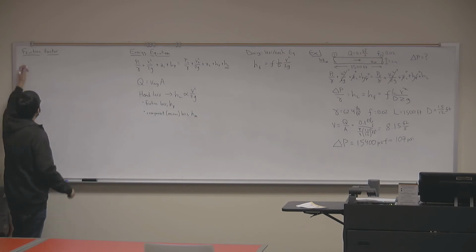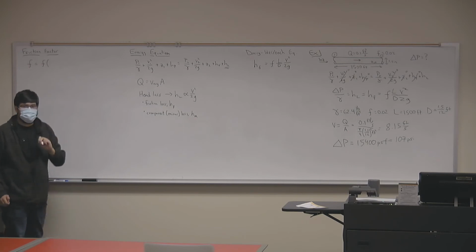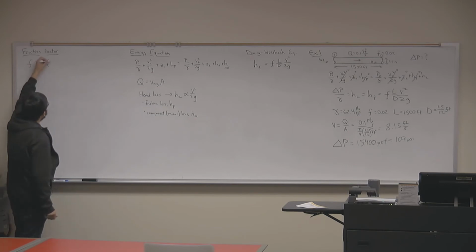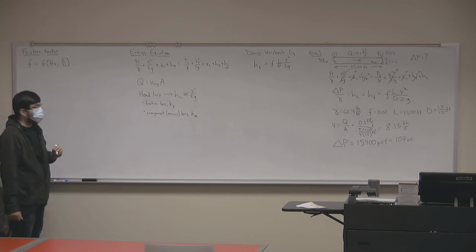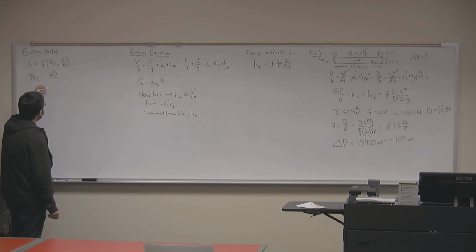So in turbulent flow, this fanning friction factor is actually a function of two things, the flow regime and the pipe. The flow regime is represented by the Reynolds number, and the pipe is represented by a property called relative roughness. This Reynolds number, you may recall, can be found by multiplying the velocity times the characteristic length, which will be diameter for pipes, and then dividing by the kinematic viscosity of the fluid.